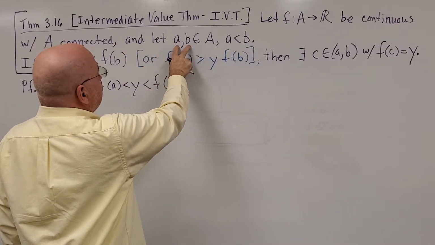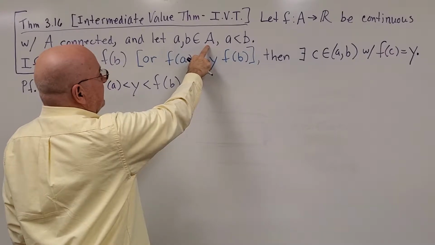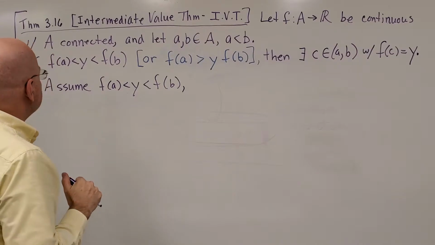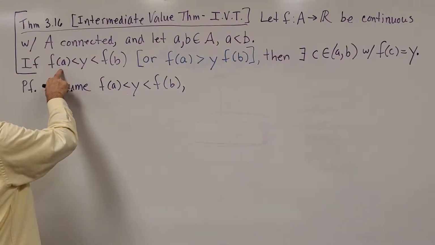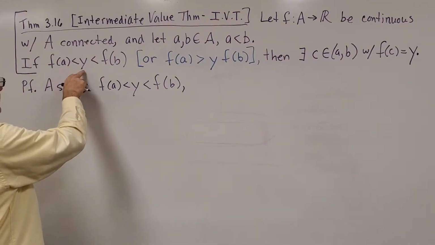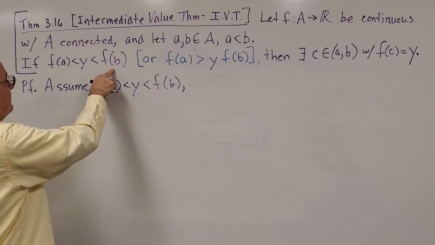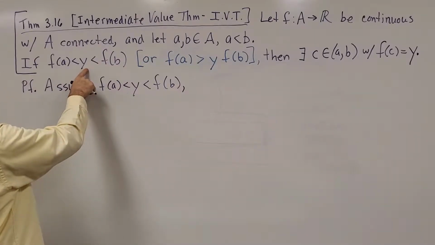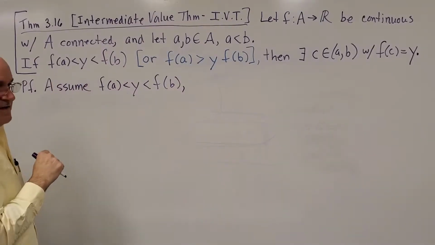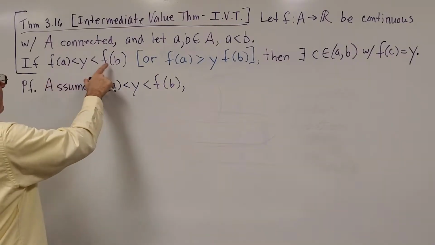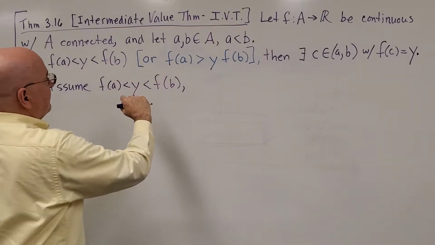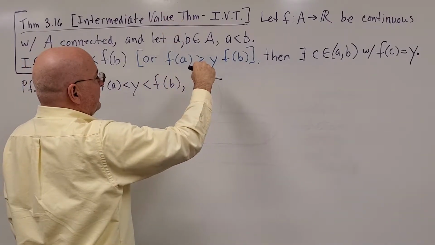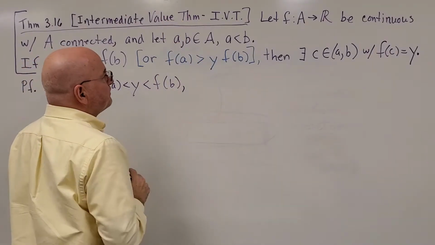and we take a and b as being elements of the domain, capital A, and a being less than b, we get the following. If the value of the function at a is less than this number y, which is less than the value of the function at b, again, you can think of this y as being in between the height of the function at a and b, or the reverse of that, we have f of a being the larger, and then y, and then f of b.